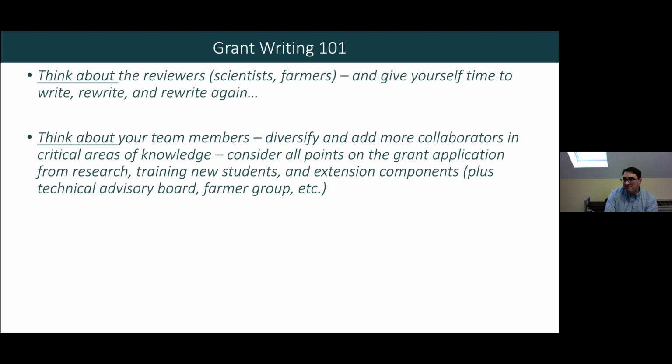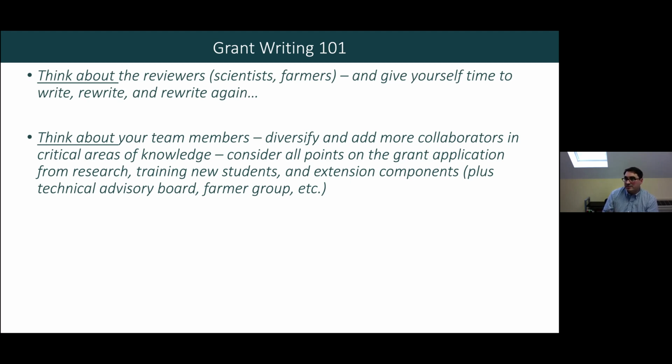When you're thinking about team members, there is not really a magic formula or equation to say, okay, I will use myself and 3 more people. Think about the work that you're planning to do, think about diversifying, think about the critical areas of knowledge. I would also say, consider the applications in the grant, whether it's research, teaching, or extension, and then consider other points.